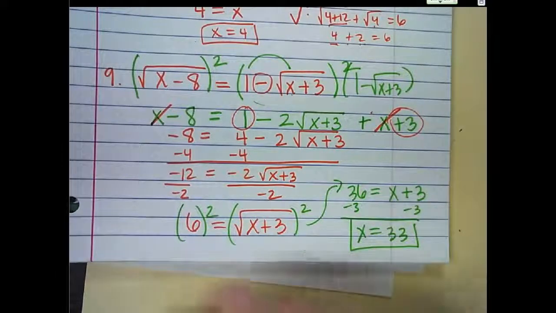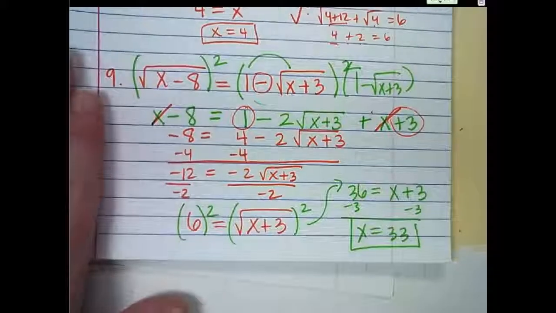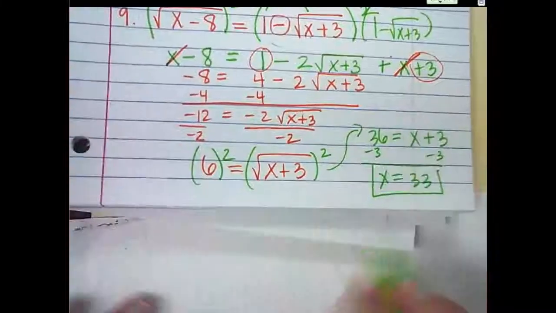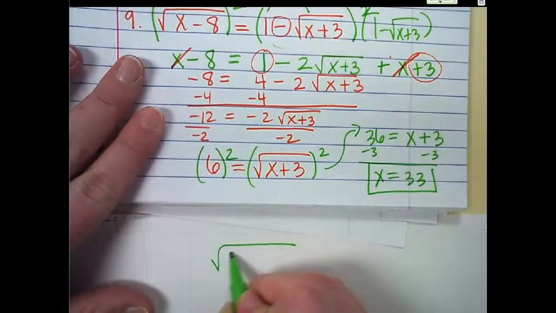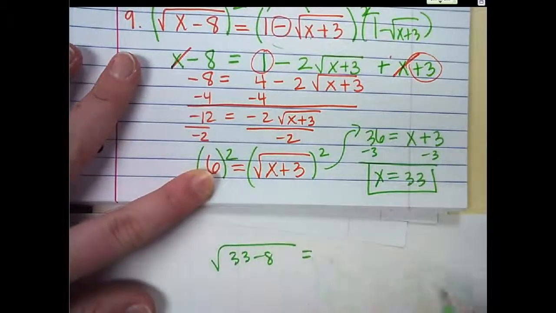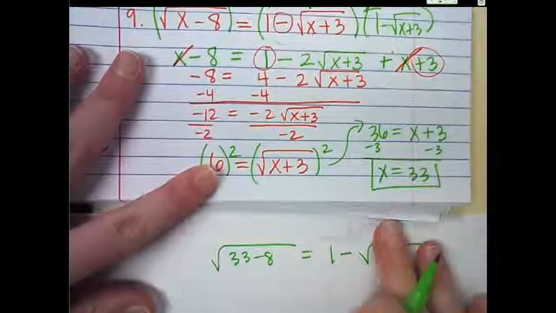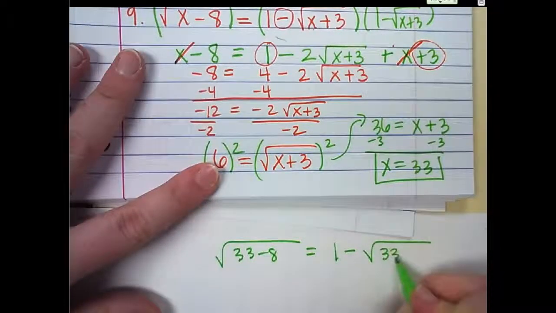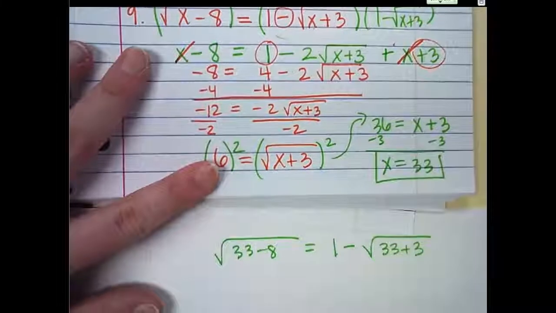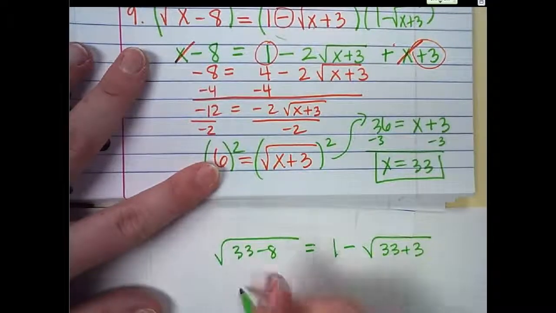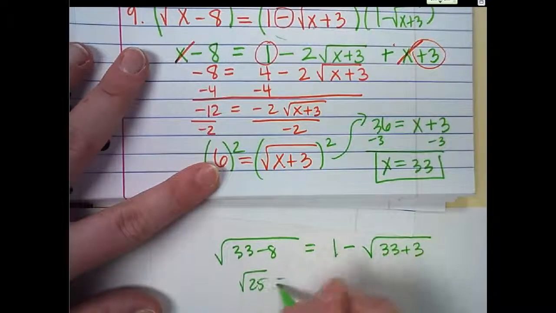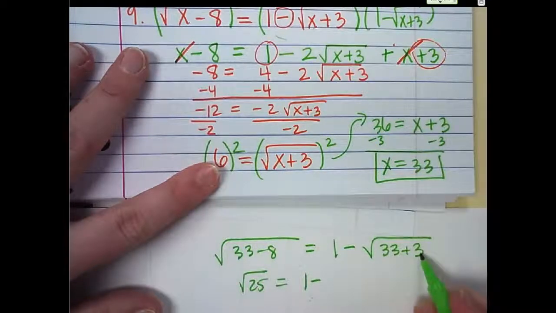Okay, so if we plug that back in to check it, if I have room, it will be square root 33 minus 8 equals 1 minus square root 33 plus 3. Oh, what's 33 minus 8? 25? And that becomes 36.